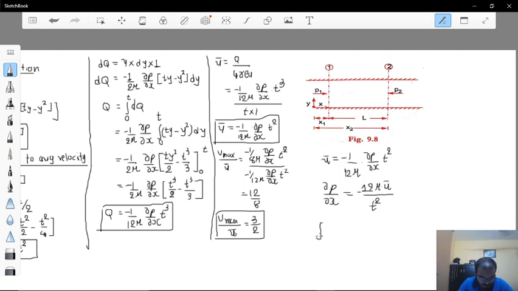So integration of minus 12 mu U bar over T square dx.